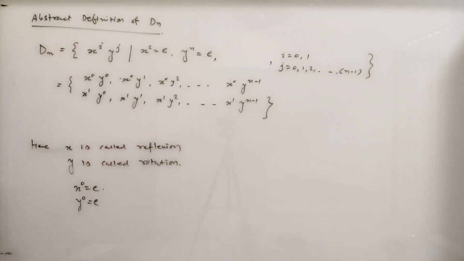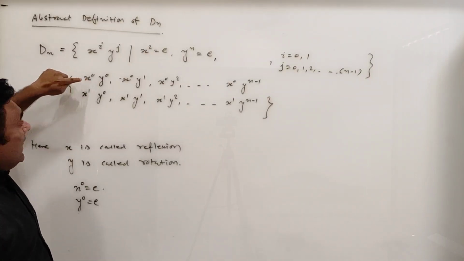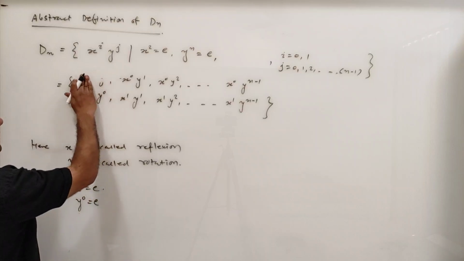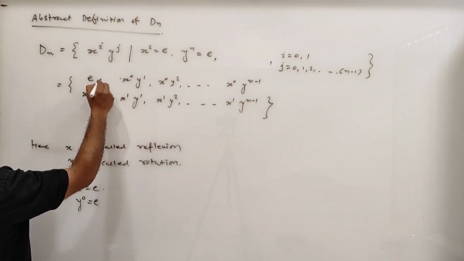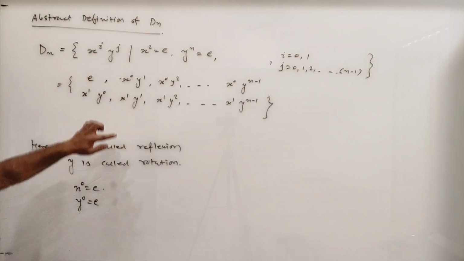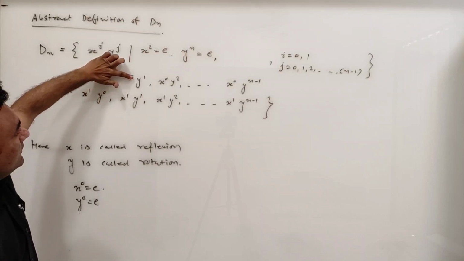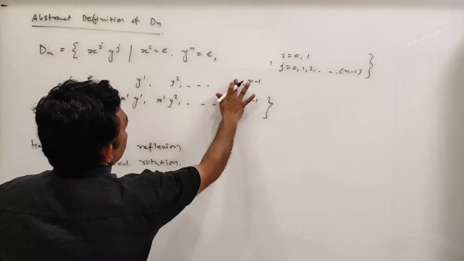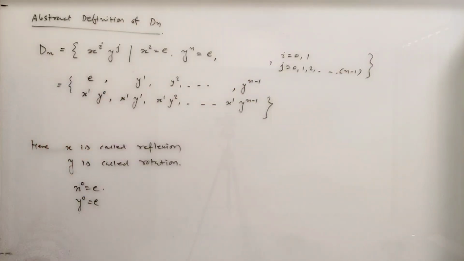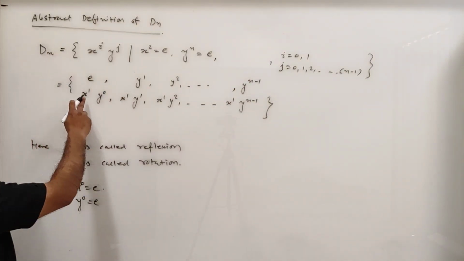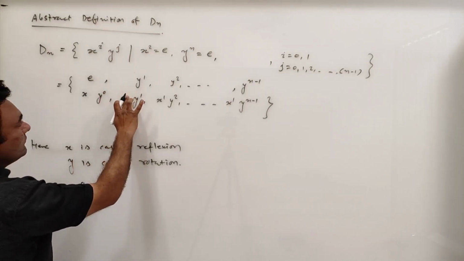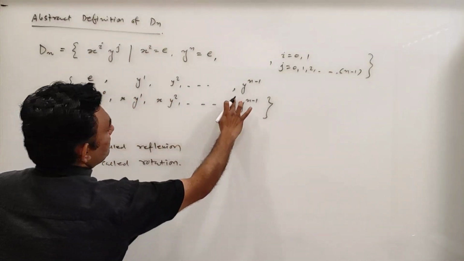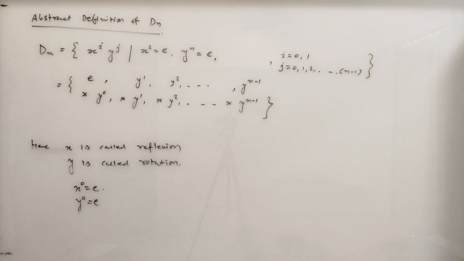So I have this side. Okay, now x raised to 0, y raised to 0, identity into identity. So this is identity. Now x raised to 0 is identity, so no need to write x raised to 0. Now x raised to 1 is x, so no need to write this 1 also, right?